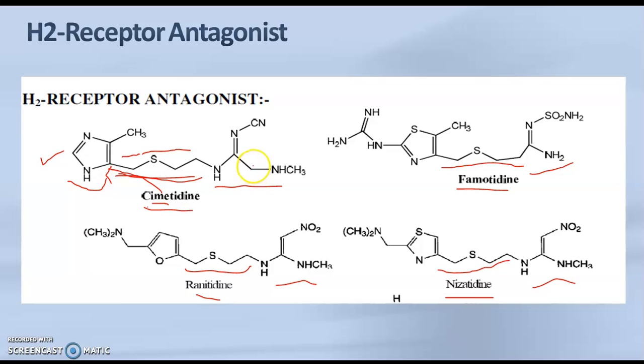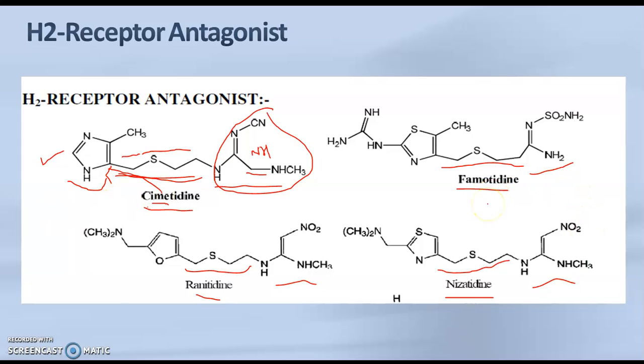Actually in guanidine we expect NH over here, but it is not guanidine, it is somewhat similar to guanidine because one carbon is extra over here. So I can say that cyanoguanidine is there. In this way you have to remember the structure of cimetidine.